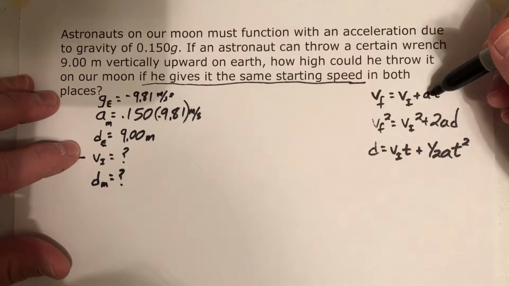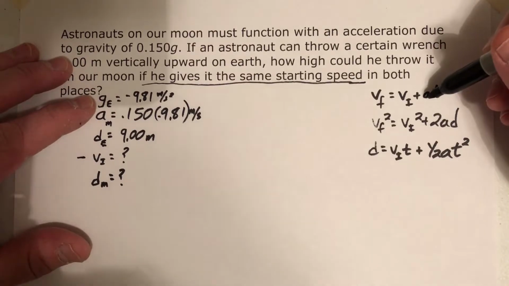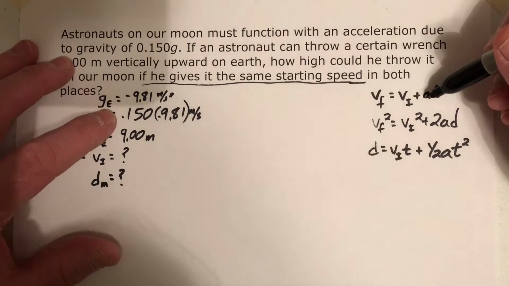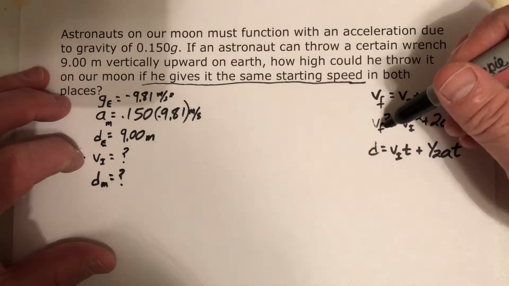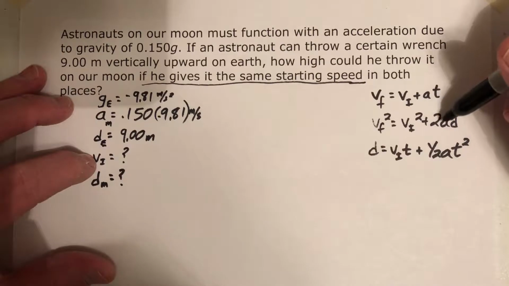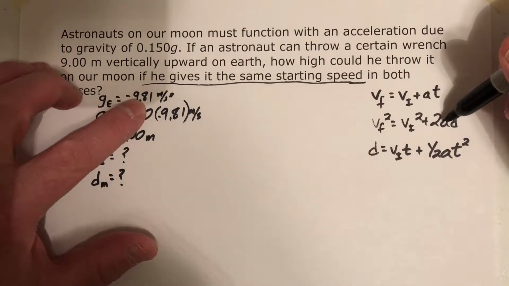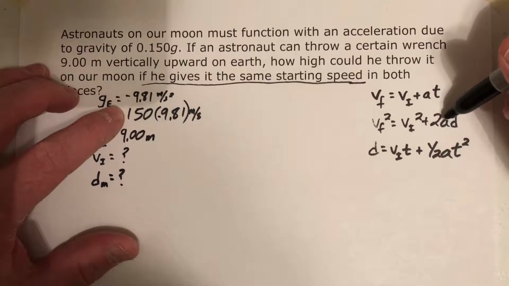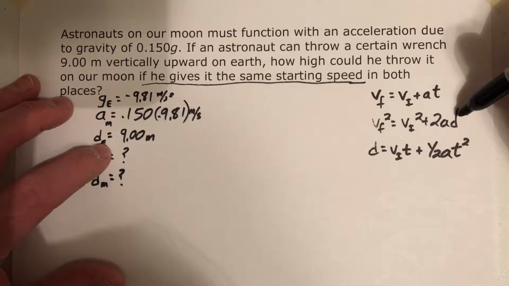I have acceleration, and we are looking at the Earth values. And time, I don't have that. So let's look down here. I don't have VF. I'm trying to find VI. I have my acceleration due to gravity, which is this negative 9.81 on the Earth, and I have the displacement here as well.